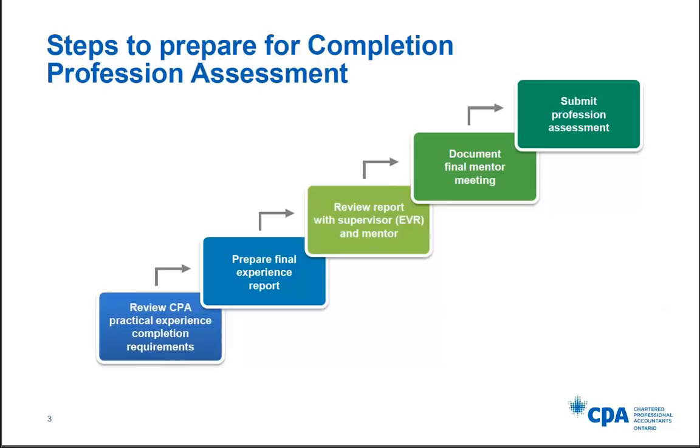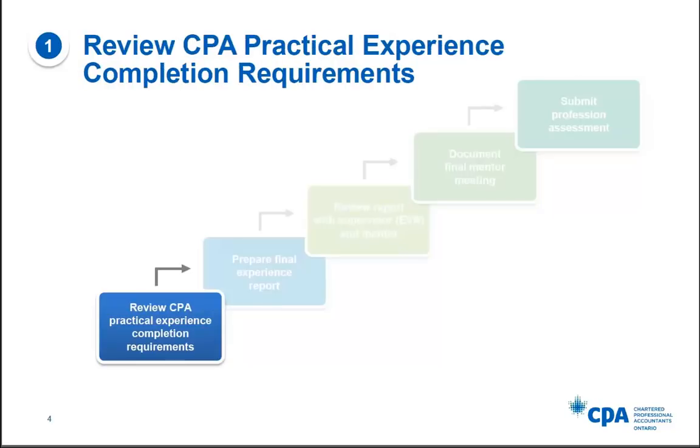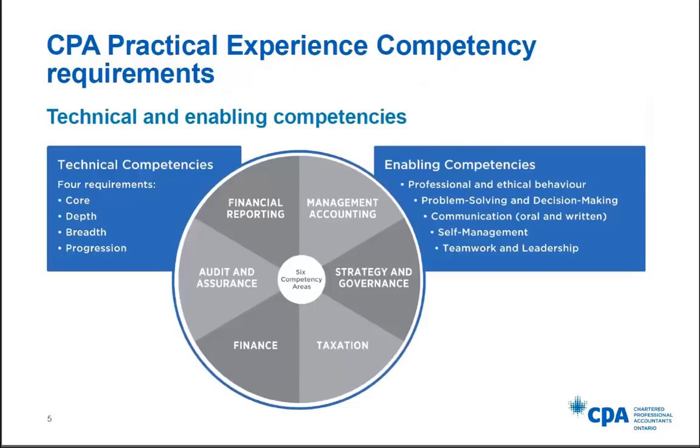The first step is to ensure you have reviewed the CPA Practical Experience completion requirements. There are a few concepts you should be familiar with for the technical competencies: core, depth, and breadth requirements, progression and proficiency levels.